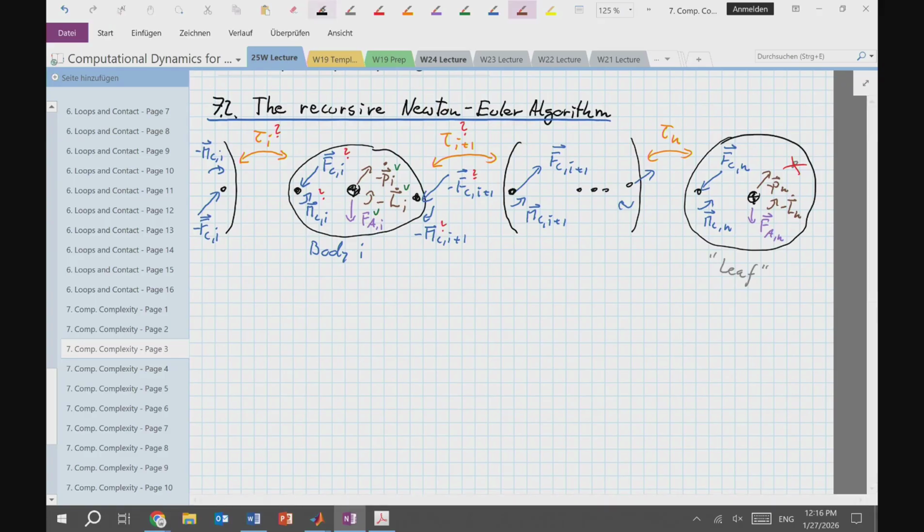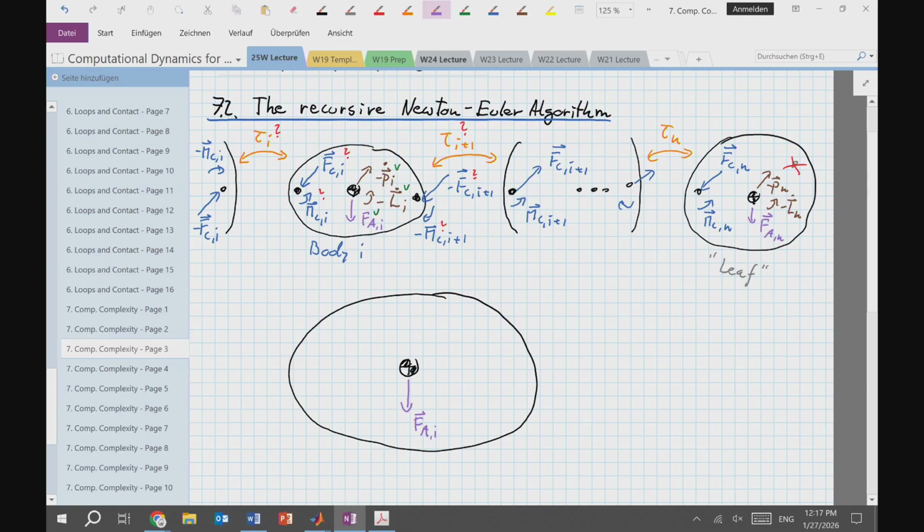Let's try to formalize this a little bit more and actually write down the equations of motion. And to this end, I will zoom in a little bit. I have forces that are acting at the center of gravity by definition or by choice. For these active forces, we often assume gravity acts at the center of mass.